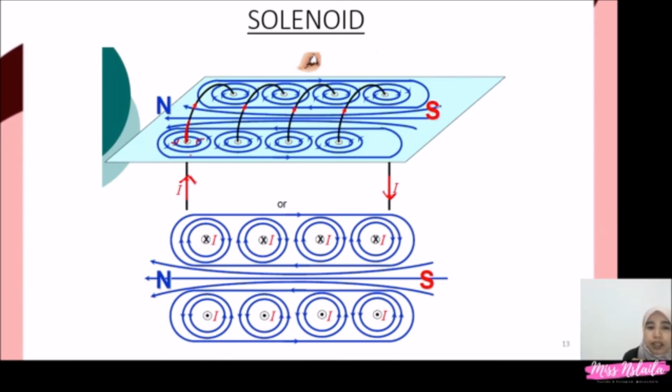Or we can use the dot symbol. When we look from the upper view and use the symbol dot, it refers to this part.